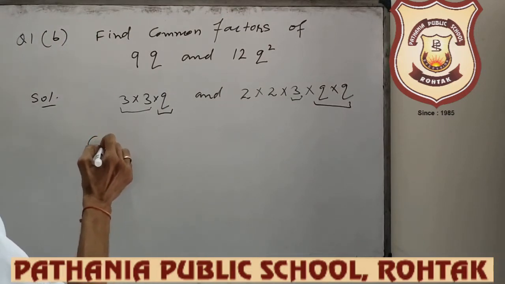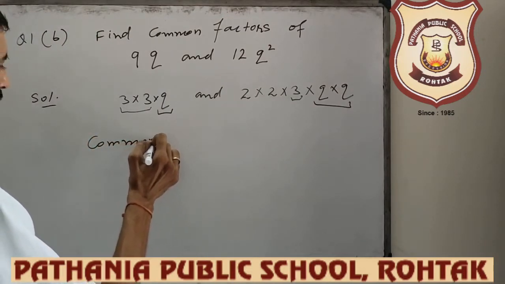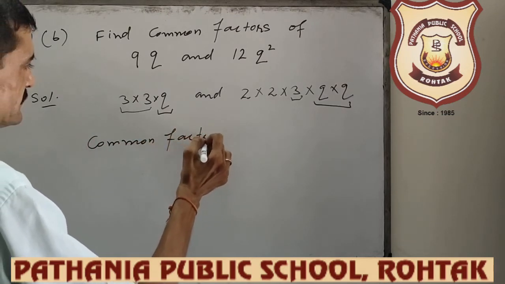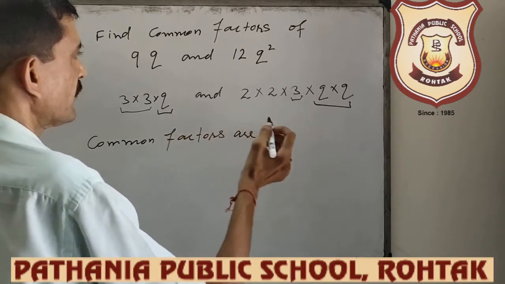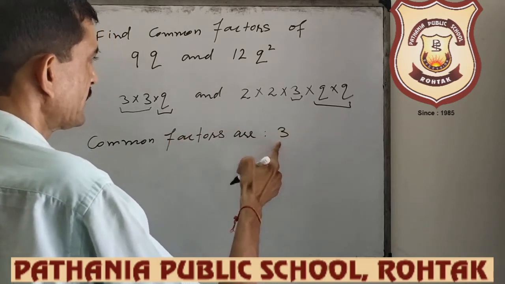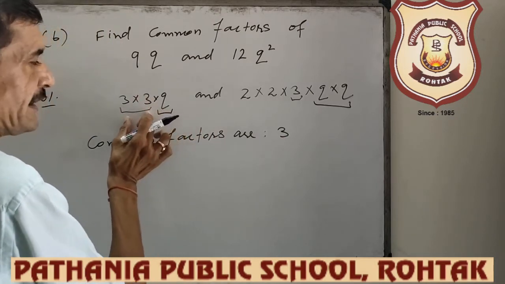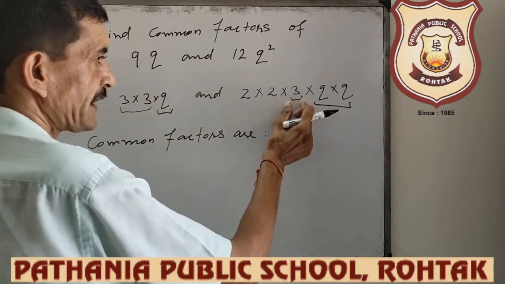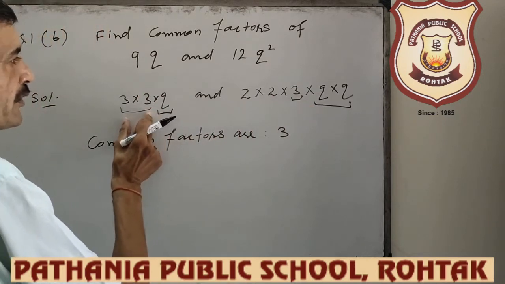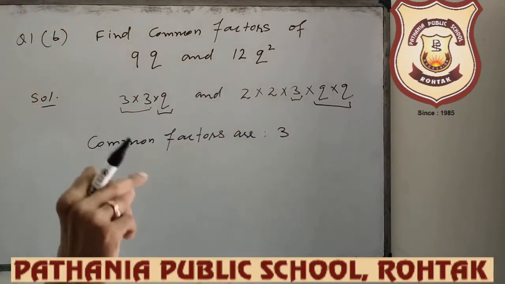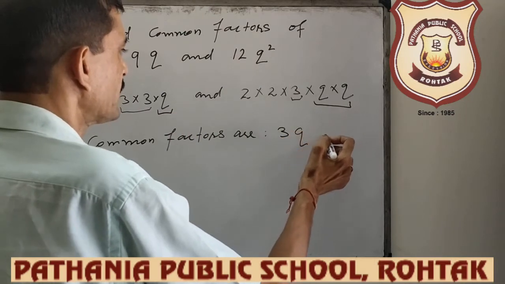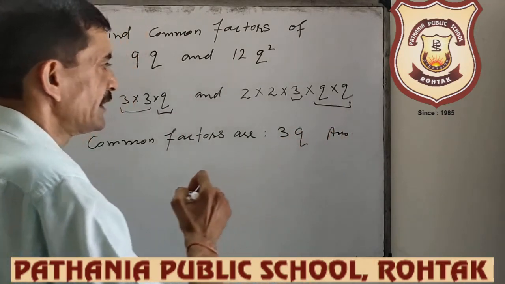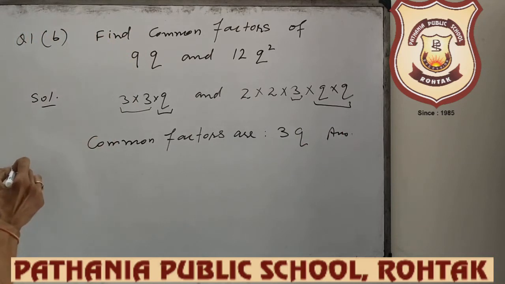So the common factors are 3 and q. Look, this is 3 into 3, 2 times, this is 3, 1 time. This is 3 raised to the power 2, this is 3 raised to the power 1. The lowest power is common, the minimum power is common, so 3 is common and q is common. This is the answer.